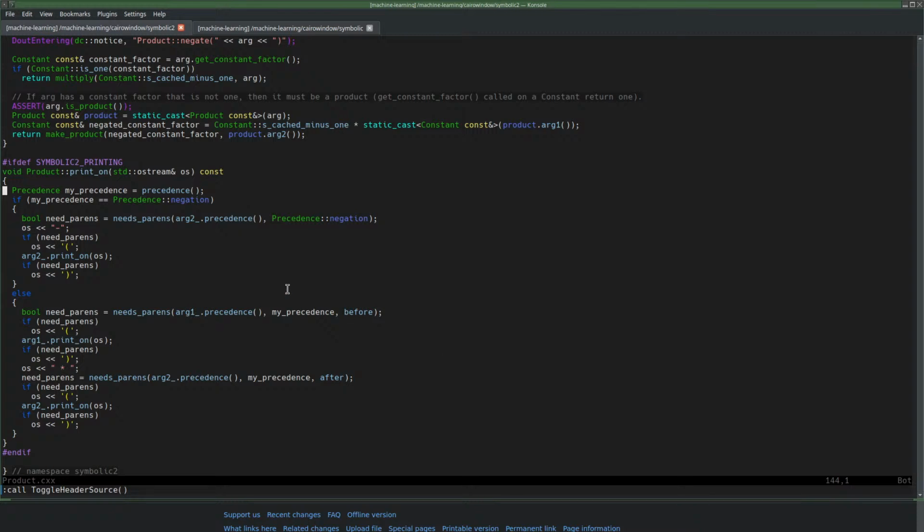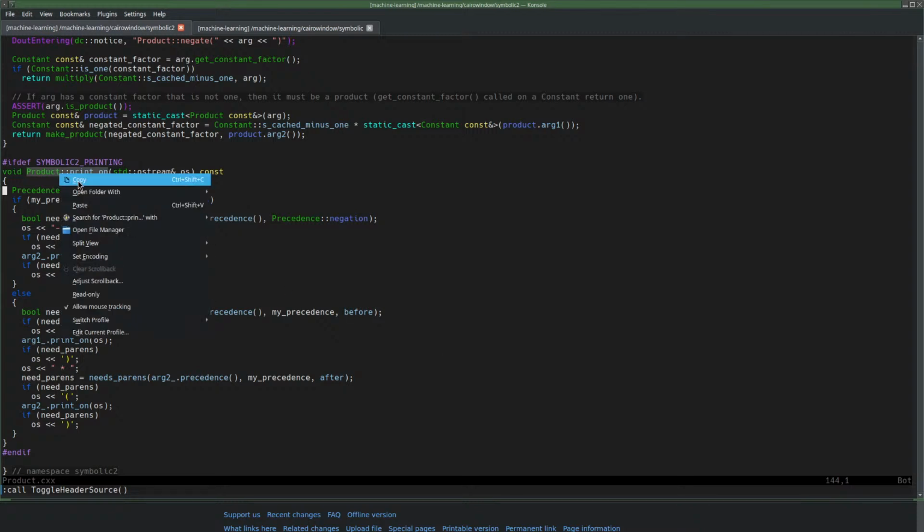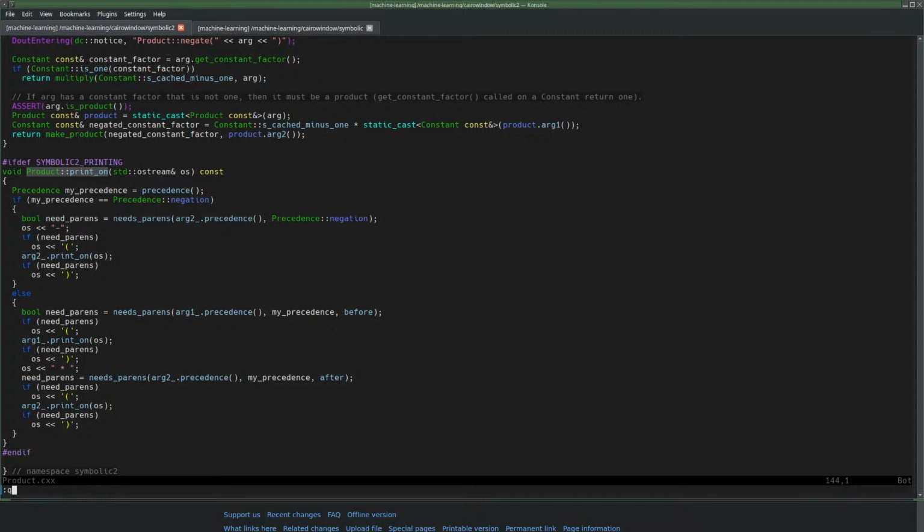Maybe I should set a breakpoint here. See what happens.